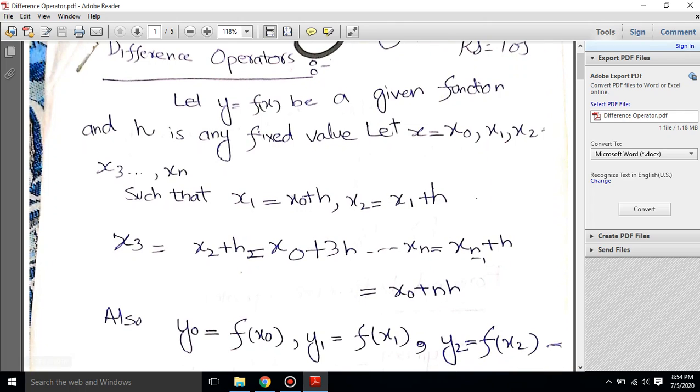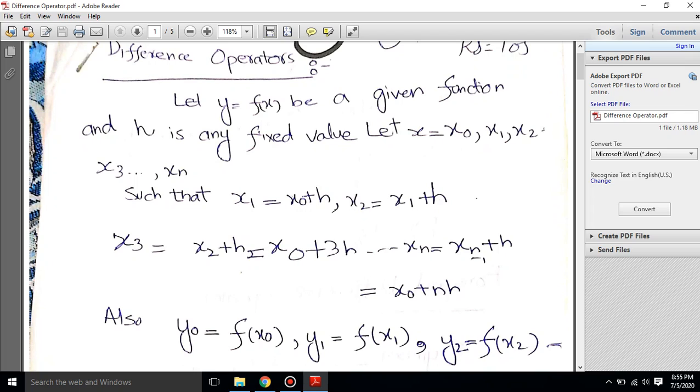Similarly, x3 will be equal to x2 plus h, or it will be equal to x naught plus 3h as well. Because h has the same length, when we want to get the value of x3, we put x2 plus h, or we get it by putting the value x naught plus 3h.